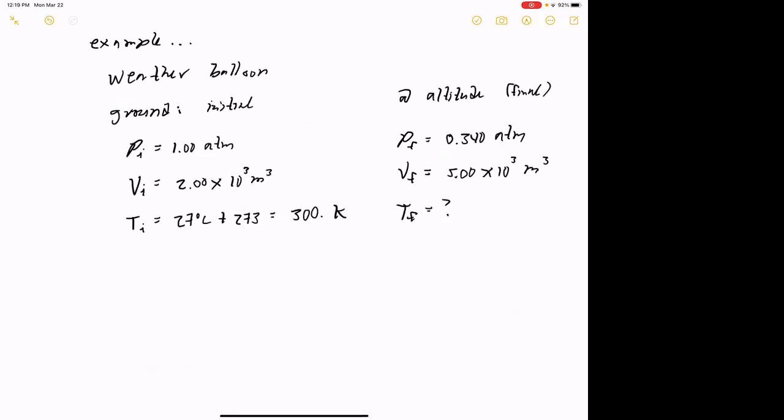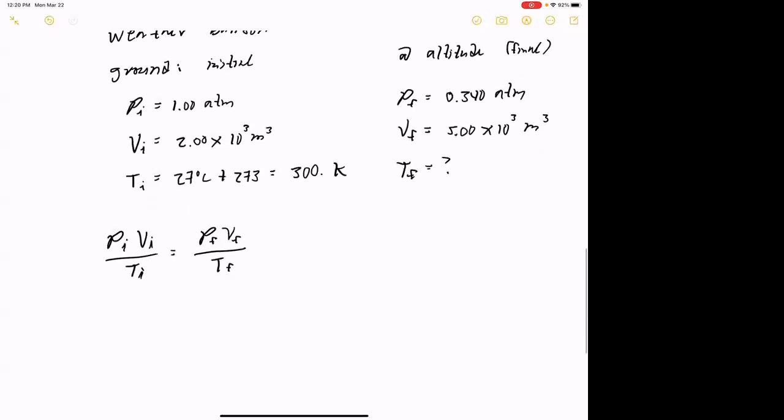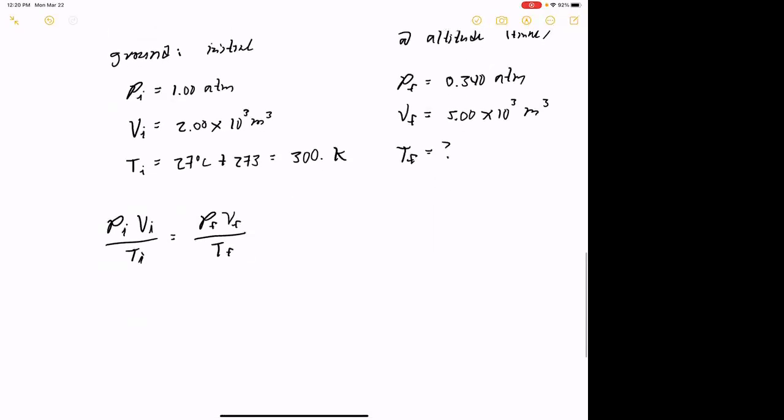So let's remind ourselves of what the combined gas law says. It says P initial V initial over T initial is equal to P final V final over T final. Now we've got to do a little algebra. Ultimately what we want to do is solve for T final. There's a little bit of rearranging involved here, which I did.